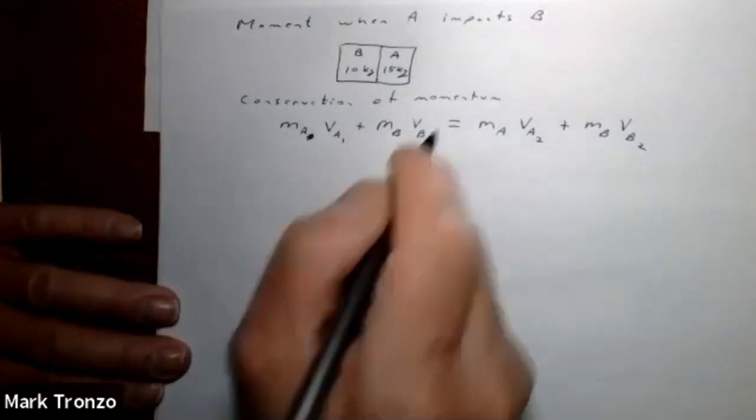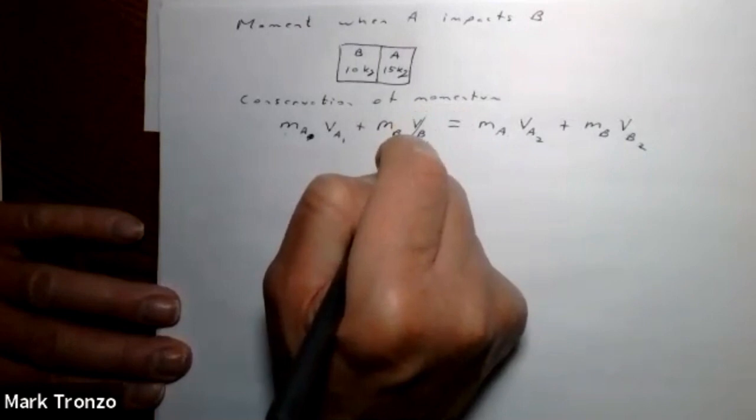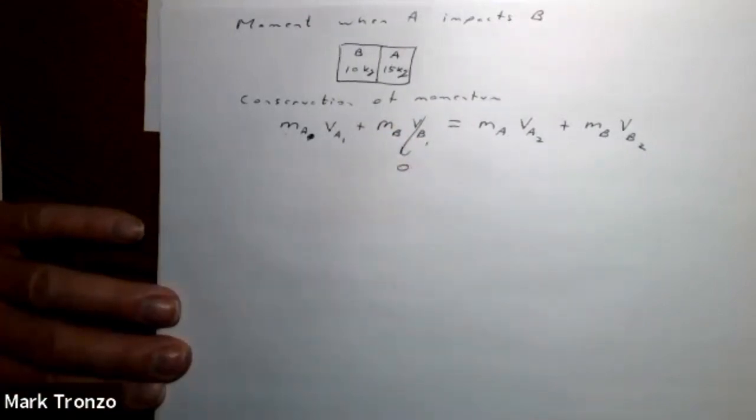Once again, B was at rest, so that's going to be 0.